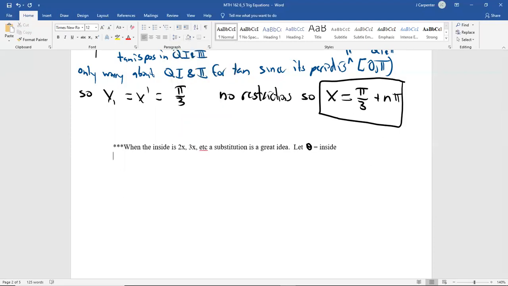There we go. Then find all theta values that work, then convert back to x, and only then do the n equals 0, 1, 2, 3 until you're outside 360 degrees, or the other restrictions.